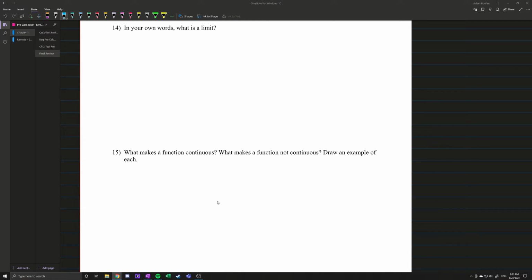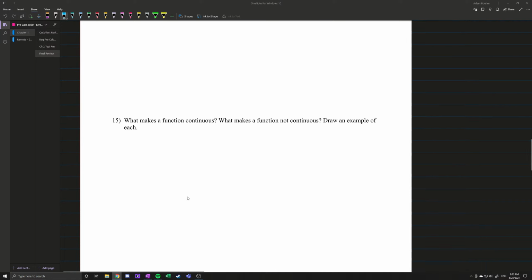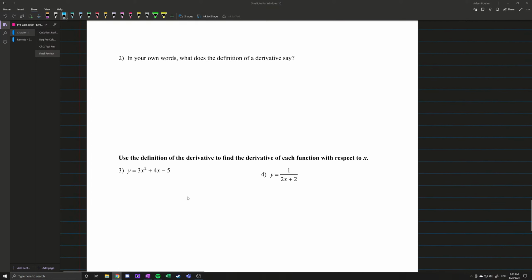What I would like you to do tonight is to think about what each of those things look like. We went over this in the notes. I gave you a really specific definition, and then we went over a couple of examples of what each of those look like. So be able to talk about both of those things, and we'll be fine. And then on to the next part.